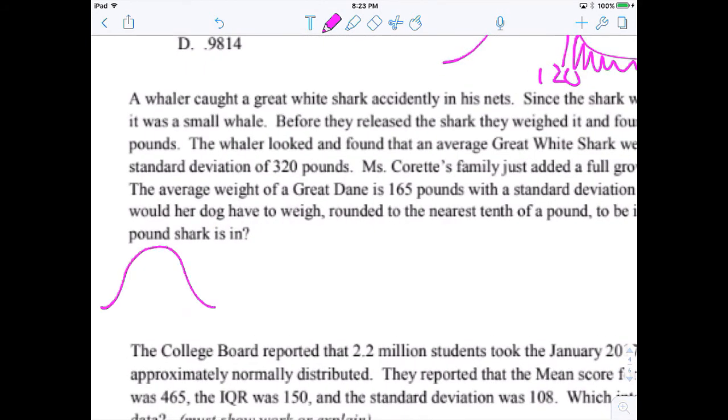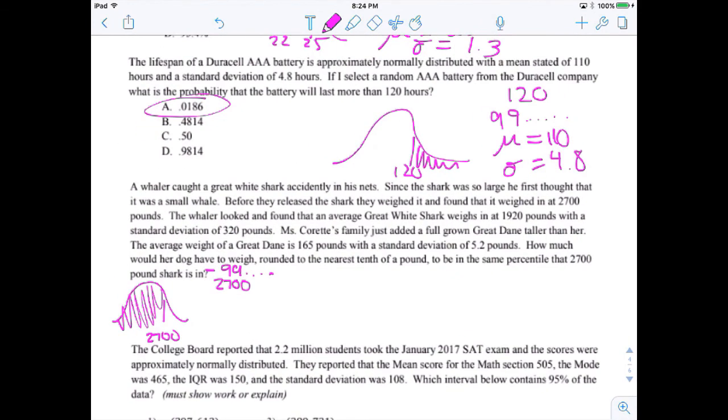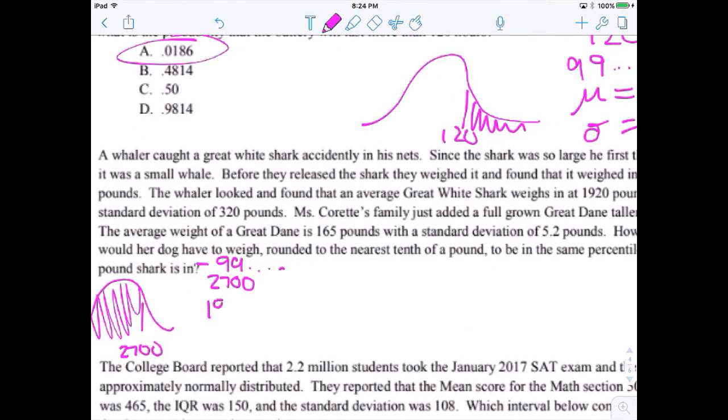When we talk about percentiles, we're saying, okay, 2,700, what percent is less than or equal to that? So this would be 2,700, that's my upper. My lower is negative infinity, right? My mean is 1920 and my sigma is 320. So I'm going to put those in my calculator.